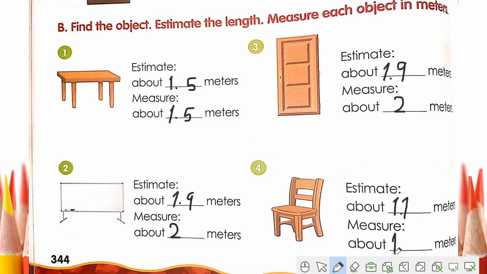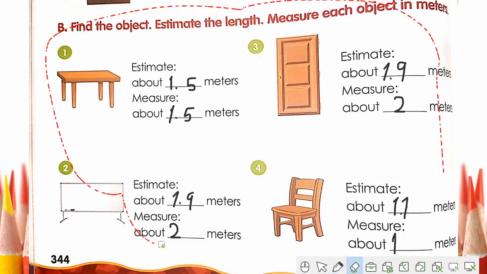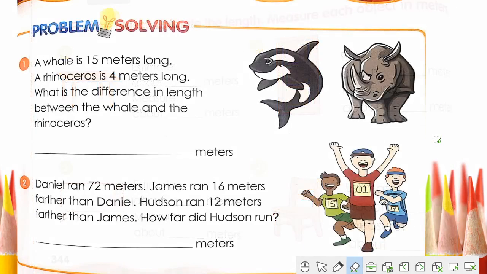I measured the length of the chair, it was 1 meter. Okay, this is an estimate. What do you think? Measure by using the measuring tape or the meter ruler.